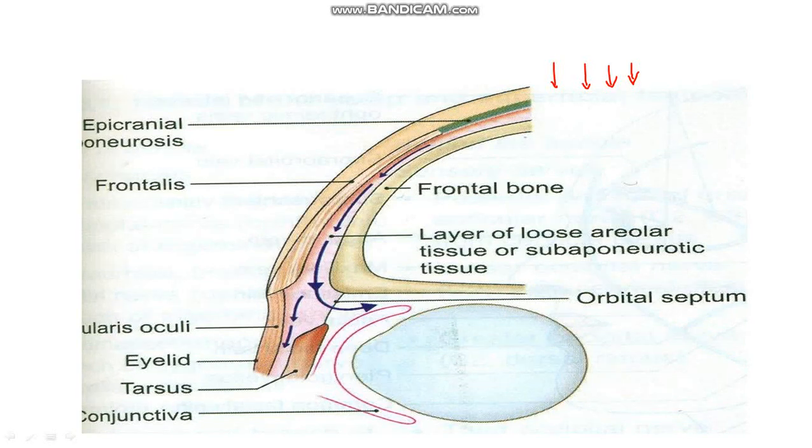So if any injury happens, it has a posterior limit because the occipitalis is firmly attached. As I said earlier, the occipitalis is firmly attached at the superior nuchal line, whereas on the anterior aspect the frontalis has no bony attachment.